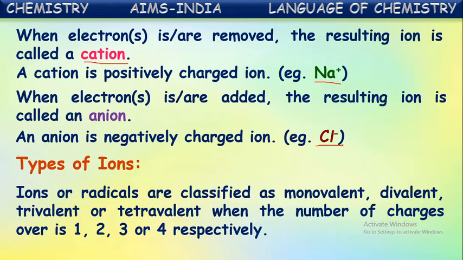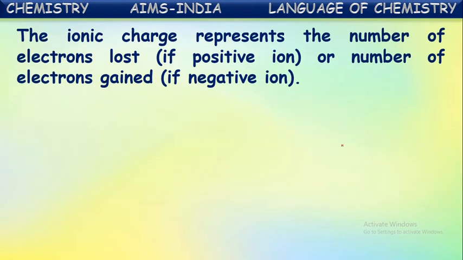Based upon the number of electrons gained or lost, the type of ion formed will depend. Based upon that, there are different kinds of ions. They are monovalent, divalent, trivalent, or tetravalent. Let us see about this one by one.